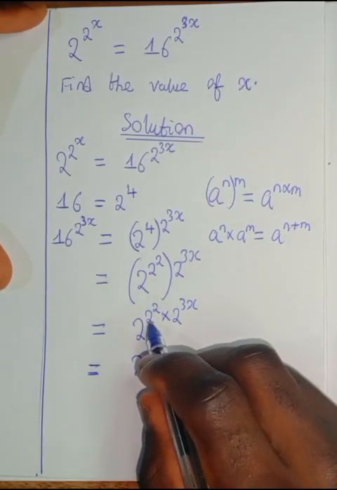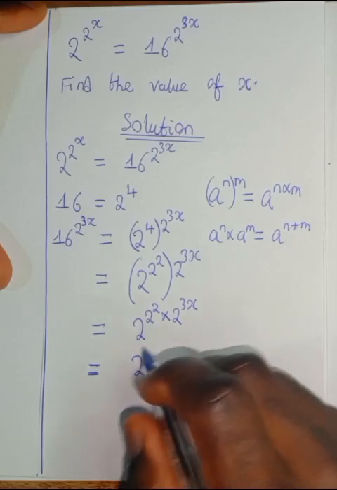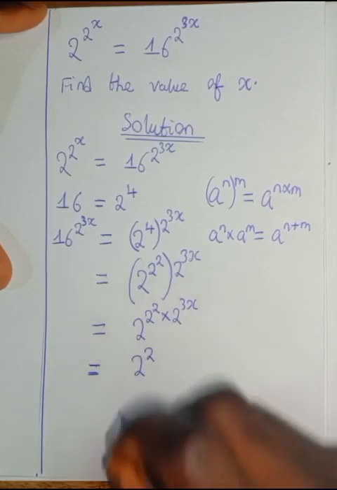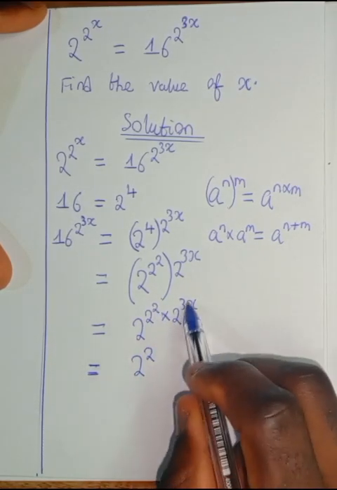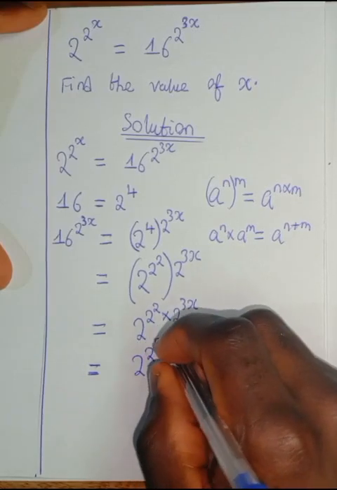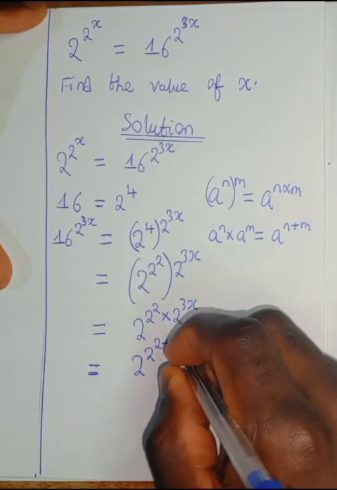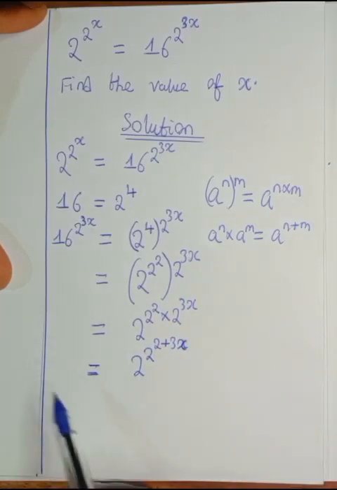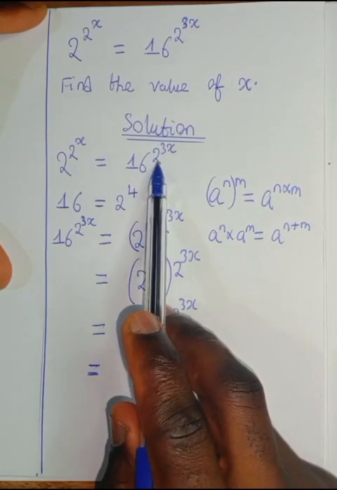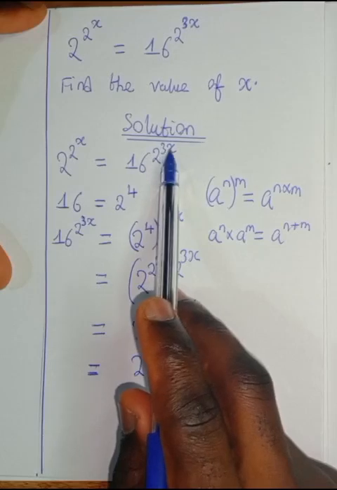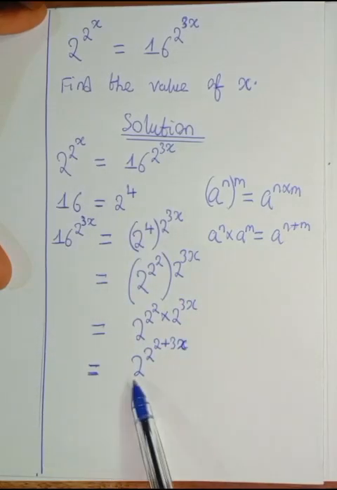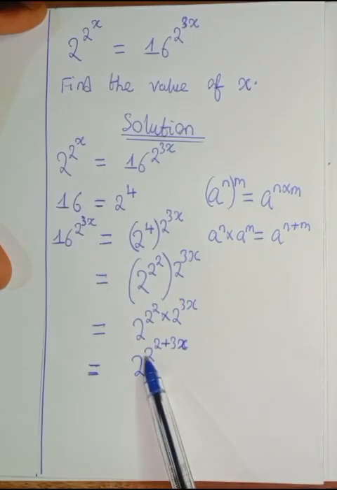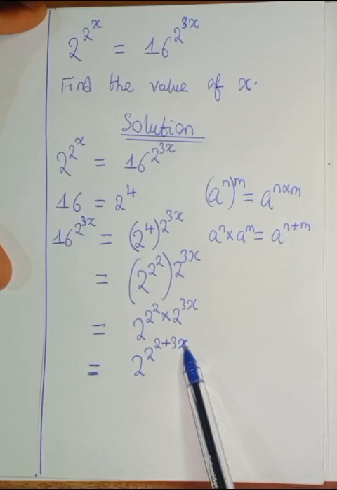You'll see here we have the same bases, raised to the power 2. We are going to add the powers, 2 plus 3x. It simply means 16 raised to the power 2 raised to the power 3x is the same as 2 raised to the power 2 raised to the power 2 plus 3x.